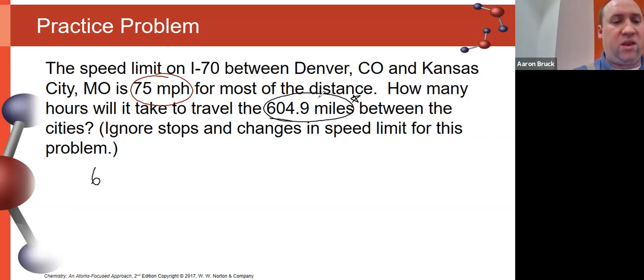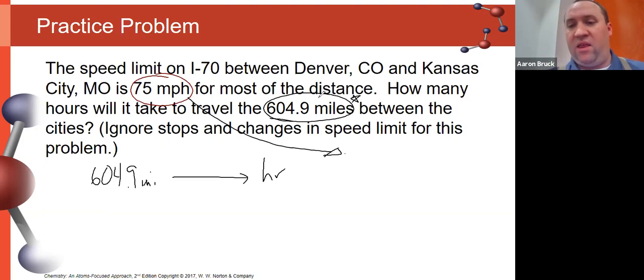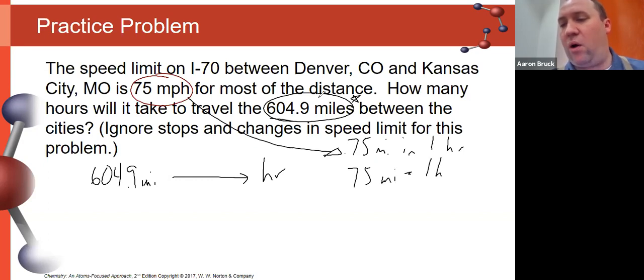We start with the unit that we measured, the 604.9 miles. And what we want to do is convert that into hours. This is where our 75 miles per hour comes in. Now, 75 miles per hour means that you will go 75 miles in 1 hour, which means that 75 miles in this case is equal to 1 hour of time.